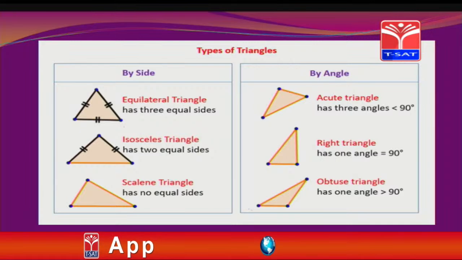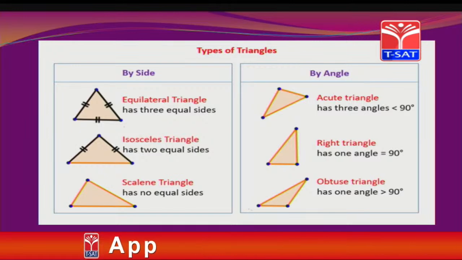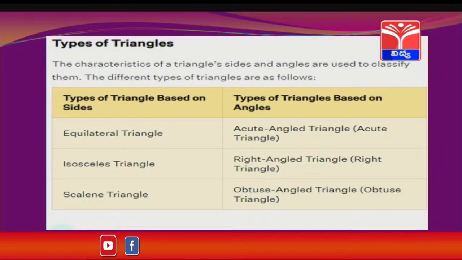Based on the angles we can divide triangles into three types: acute angle triangle, right angle triangle, obtuse angle triangle. An acute angle triangle has all three angles less than 90 degrees, a right angle triangle has one angle 90 degrees, an obtuse angle triangle has one angle more than 90 degrees. So, these are the types of triangles.